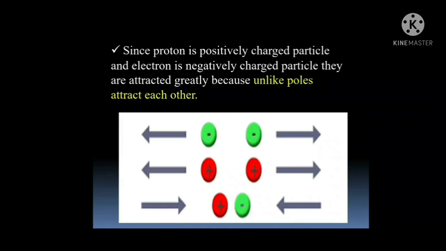As I said, there are a number of orbits that surround the nucleus, and also there is a force of attraction between the protons and electrons. Let's see how the interaction will be.